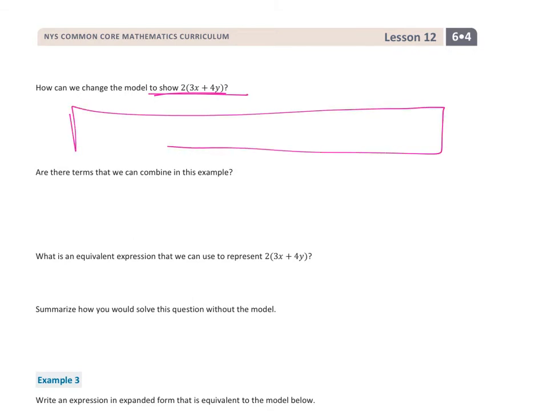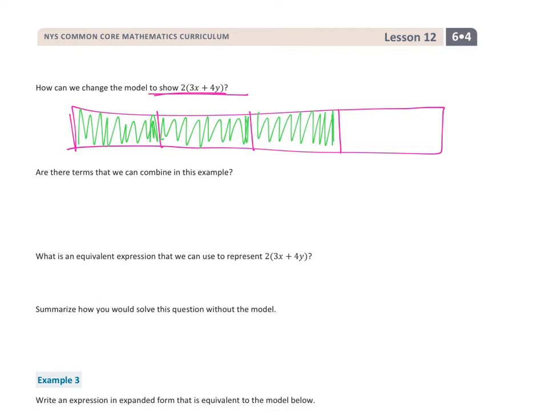I'm going to make it a little bigger. I'm going to divide it into 4 chunks. And of course I'm going to color them green. And then we're going to label again, 3x, 4y, 3x, 4y.